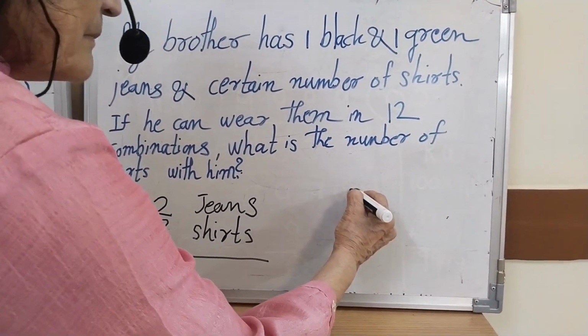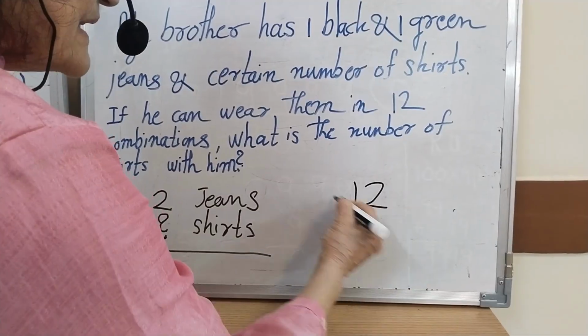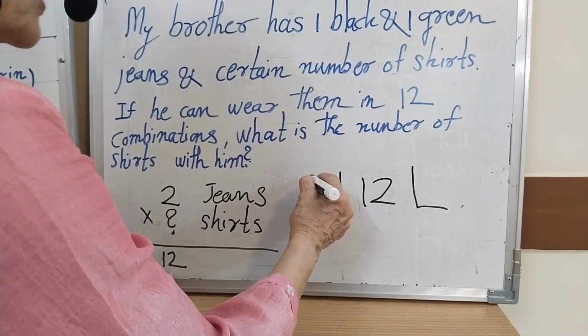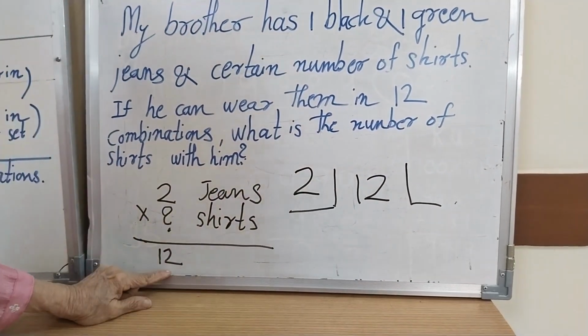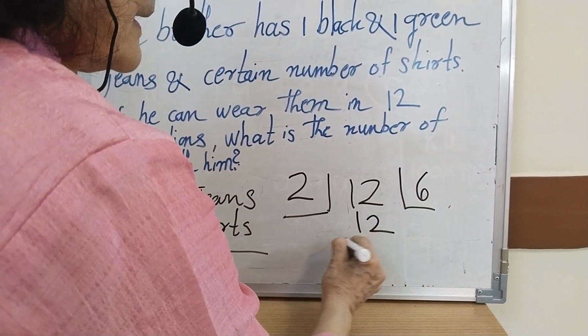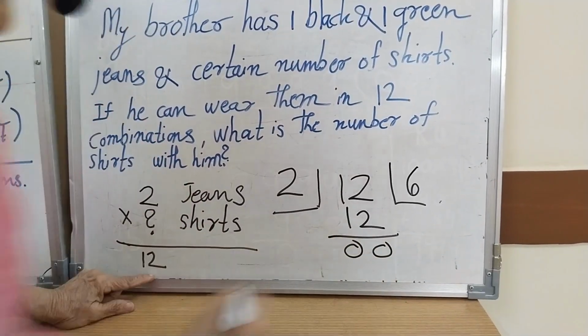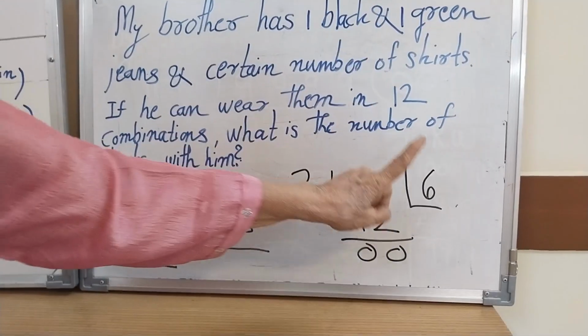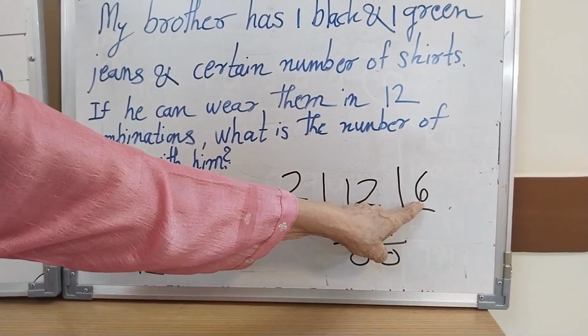So 12, being the bigger number, comes in the center, divided by 2. So 2 sixes are 12. That means the unknown number of shirts has now become known to us, that is 6.